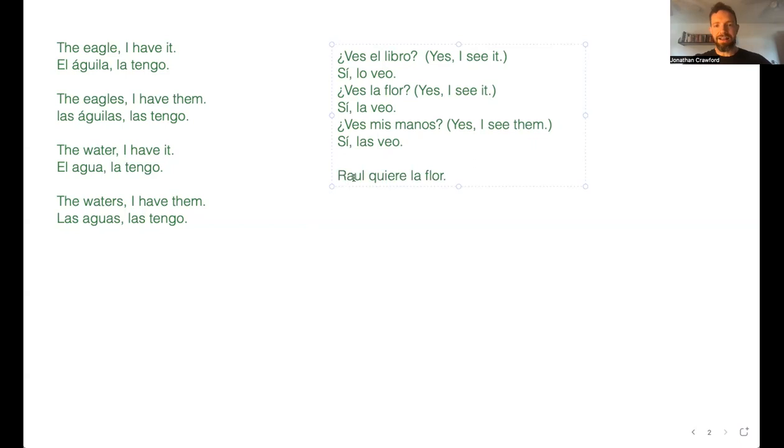But Raquel quiere la flor, which means, or sorry, I meant to say Raúl. Raúl quiere la flor. Raúl, I think that's supposed to have an accent mark above it. Raúl, right? Raúl quiere la flor.